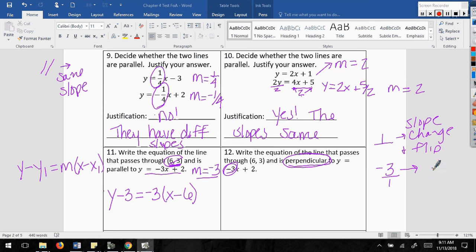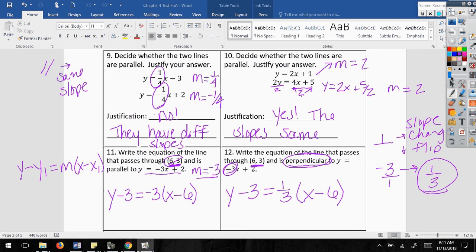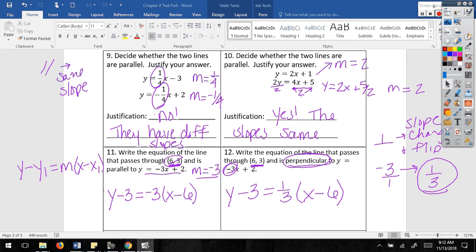So the new slope is going to be 1/3. So again, I have a point and a slope. So I'm going to have y minus 3 equals slope times x minus 6. Notice the differences here are the slopes in the equation. Okay, parallel, same slope, perpendicular, change it, and flip the fraction.